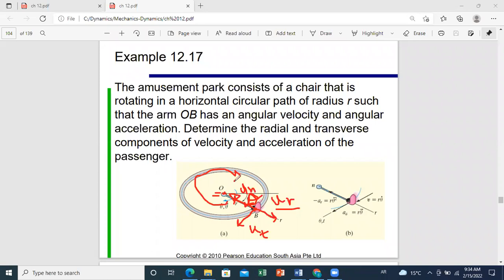So I should turn also for u theta in the same direction, and this will be my u theta. So if you observe your figure, you will deduce that ut and u theta are the same vectors. However, un and ur are opposite to each other. This is because of the choice of the reference point, which is the center of the circle.